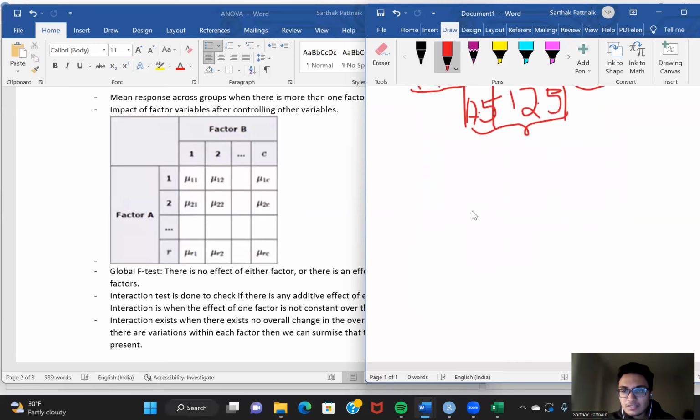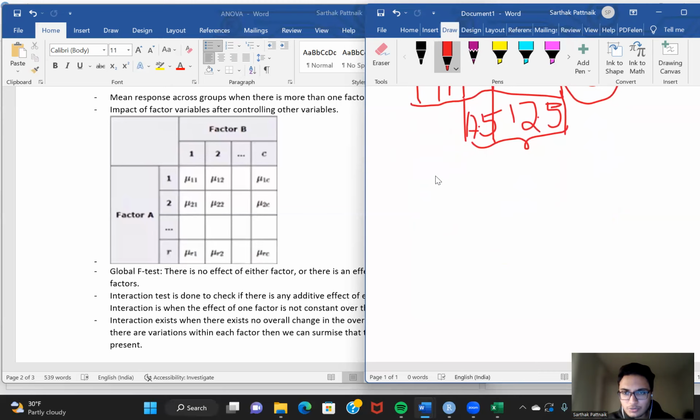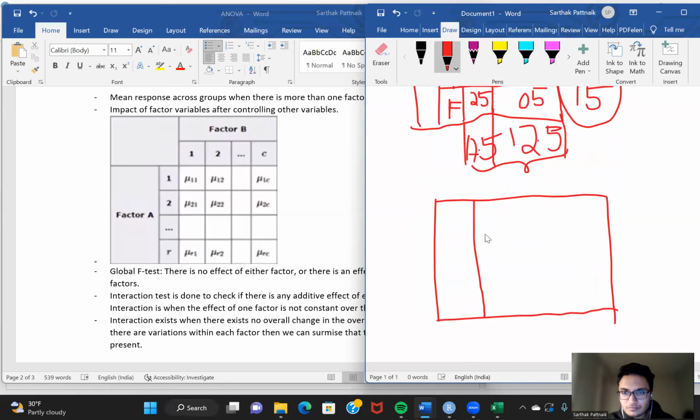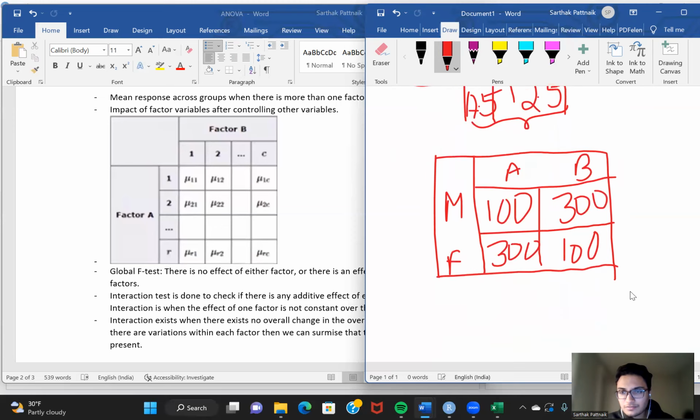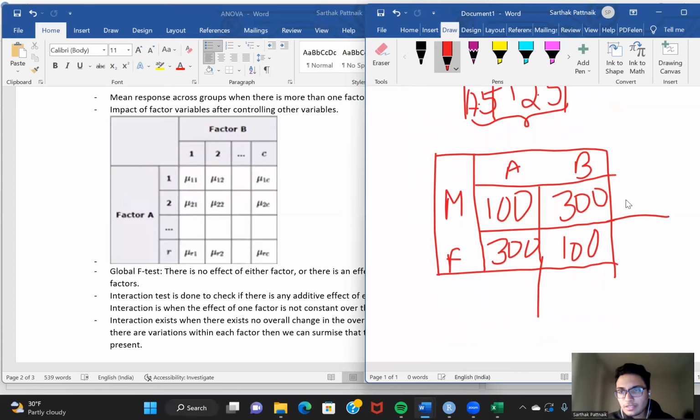However, consider a case for the same situation where there is male, there is female, there is drug A and there is drug B, with values 100, 300, 300, and 100. Now, what is the value of my marginal means?